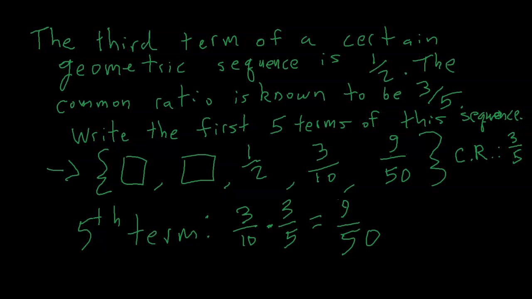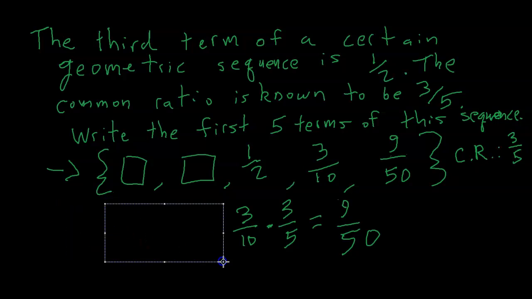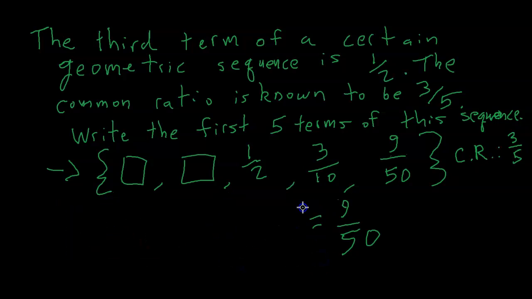Now here's where we have to think a bit more. It was clear how to find our fourth and fifth term, given our third term, but how in the world can we find our first or second term? Let's remember how a geometric sequence works.